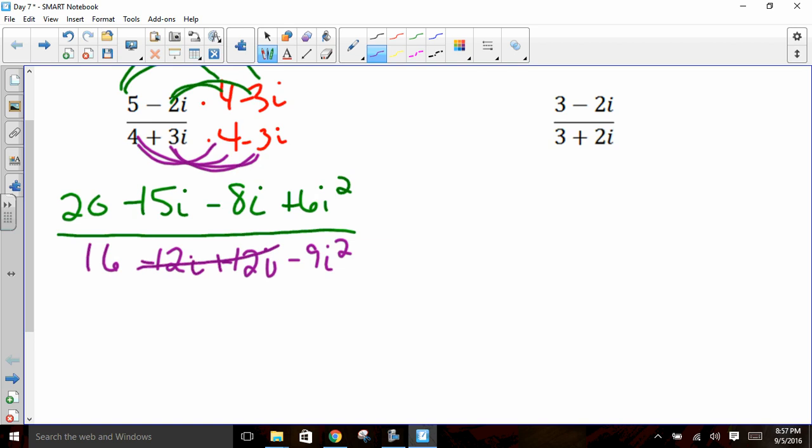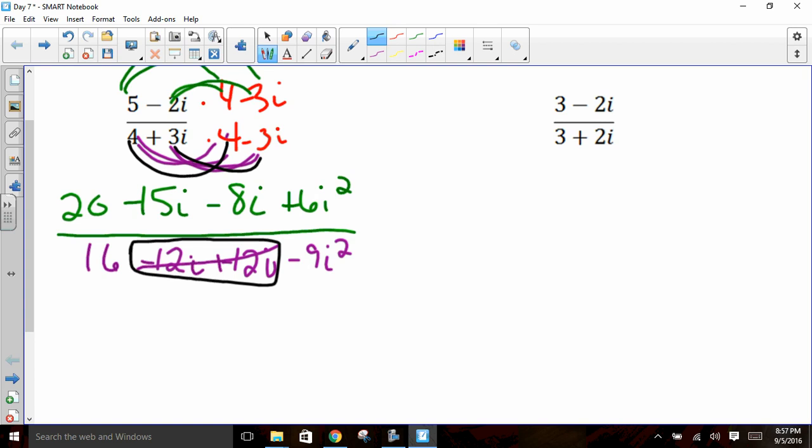That's the whole point of doing the conjugate. It's because we want to get rid of that imaginary stuff on the bottom. So on the bottom, we'll basically only need to multiply the first number times first number and last number times last number, only because of this special property that happens here.